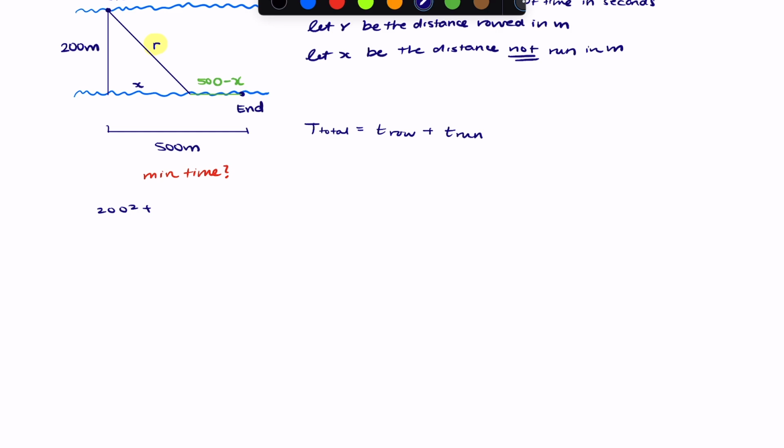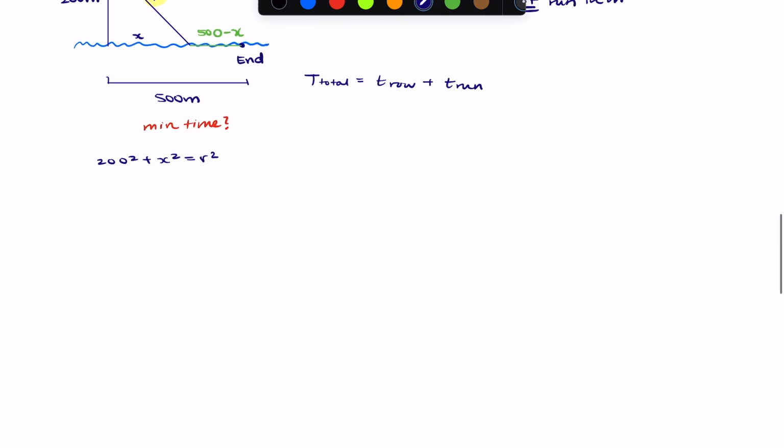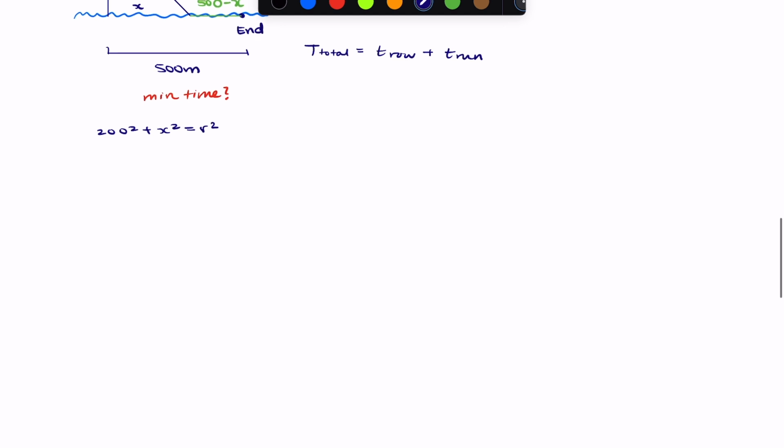So here we see that we have 200 squared plus x squared is equal to r squared.